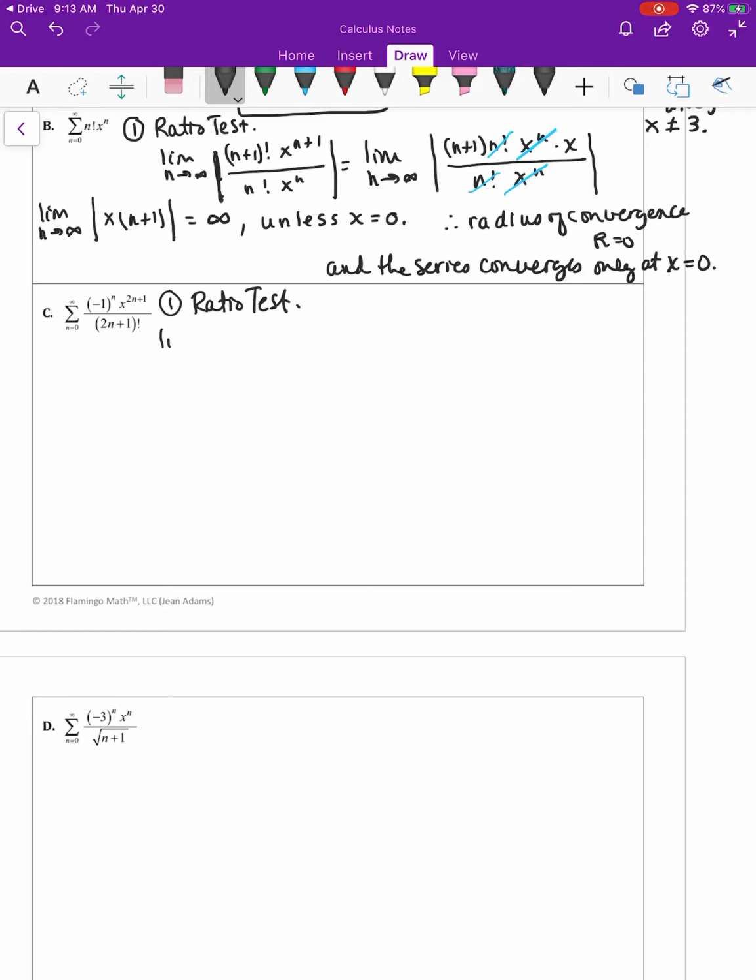Okay, letter C. First thing we do, ratio test. The limit as n goes to infinity of the absolute value of negative 1 to the n plus 1, x to the 2 times (n plus 1) plus 1, over 2 times (n plus 1) plus 1 factorial, and then times the reciprocal.